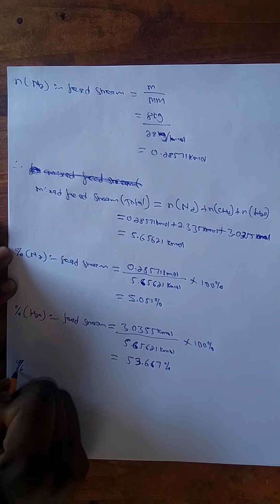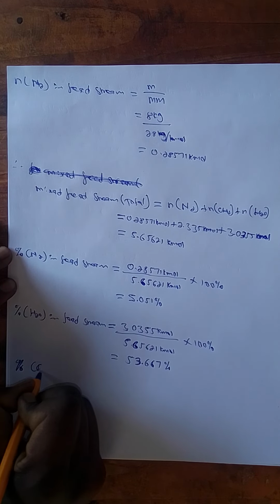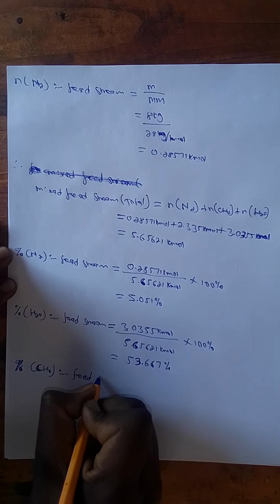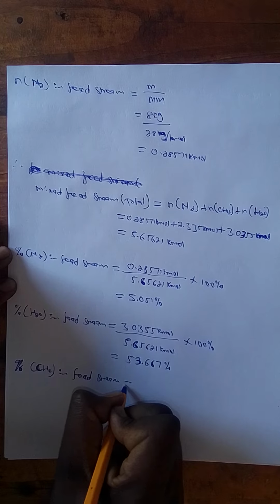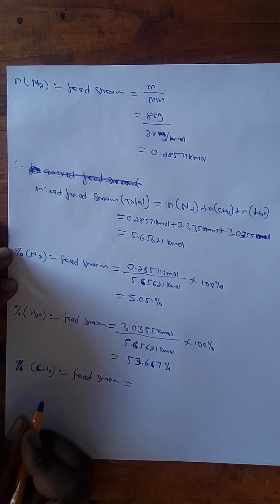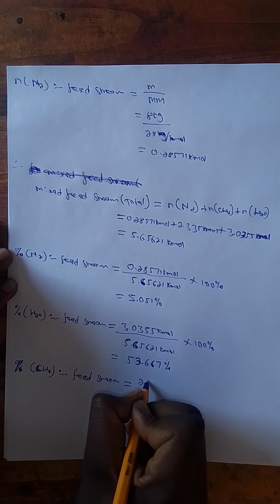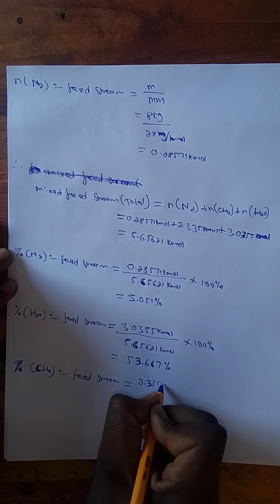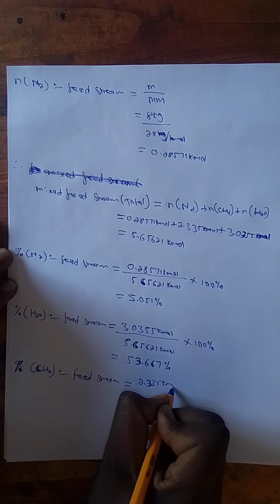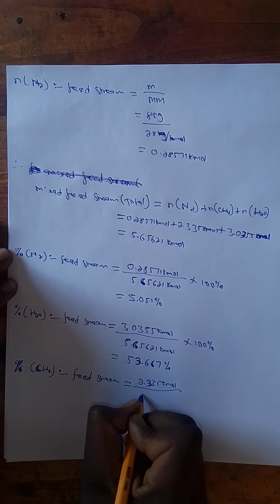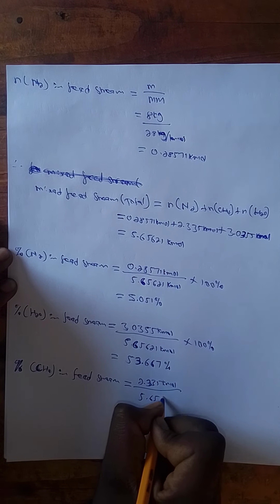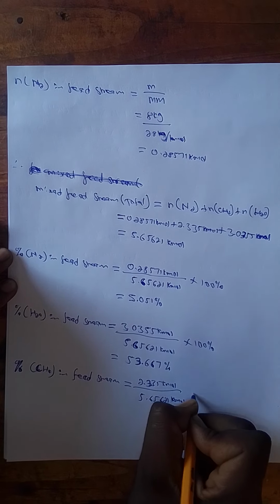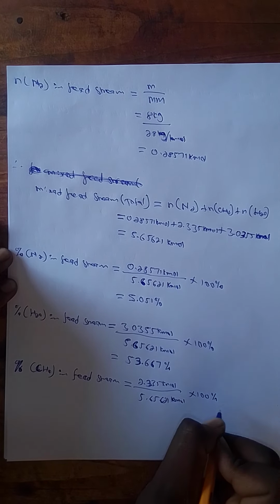Then we go to the methane. We say percentage of methane in feed stream is equal to the number of moles of methane, which is 2.335 kilomole all over the total, which is 5.65621 kilomole, multiplied by 100%.